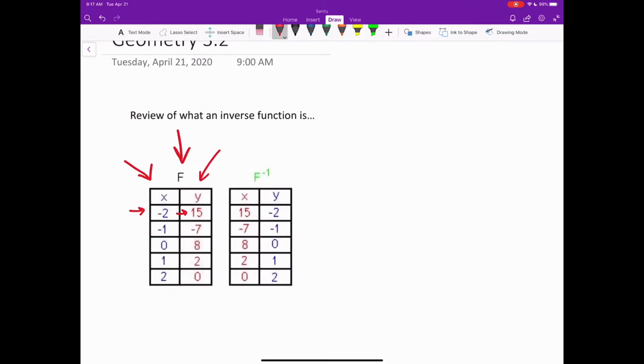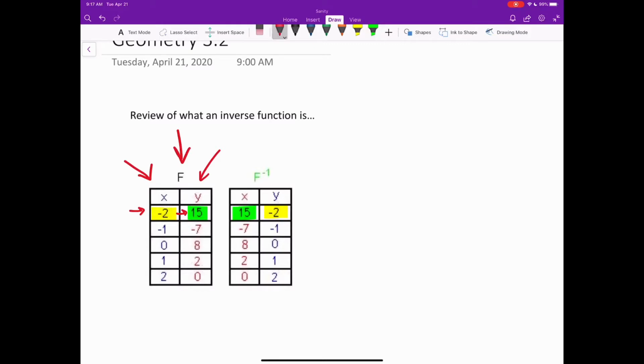The inverse function, technically, undoes whatever this original function did. So if my original function, if I input a -2 and I got out a 15, well, the inverse function says, let me just input a 15 and I'm going to give you out a -2. So think about it as the inputs and the outputs of the original function have now switched places.